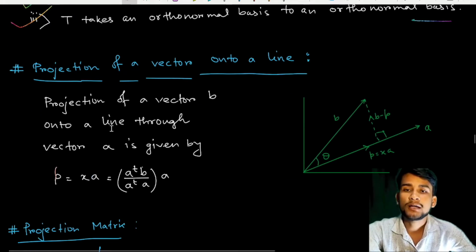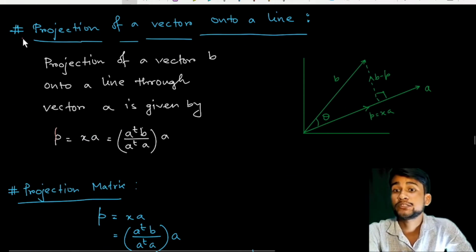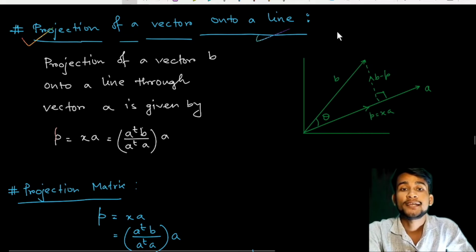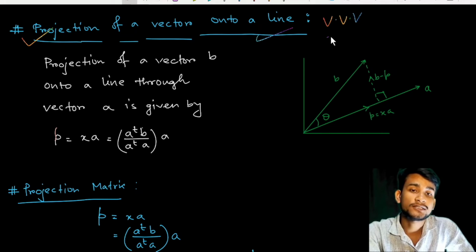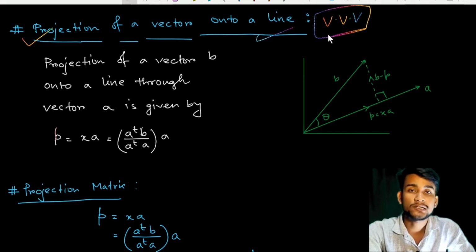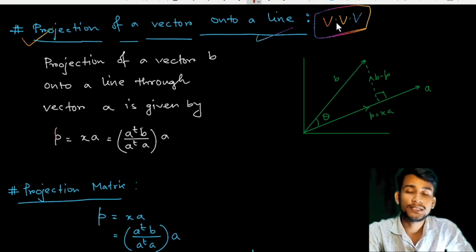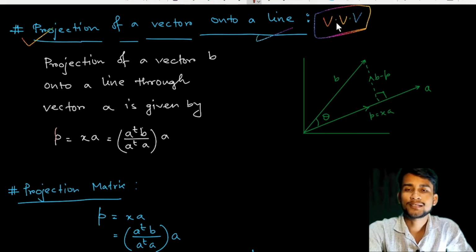Now it comes to a very important concept, which is the projection of a vector onto a line. This is a very important topic, because questions based on this concept come in CSIR NET, GATE, TIFR, NBHM, all types of exams.